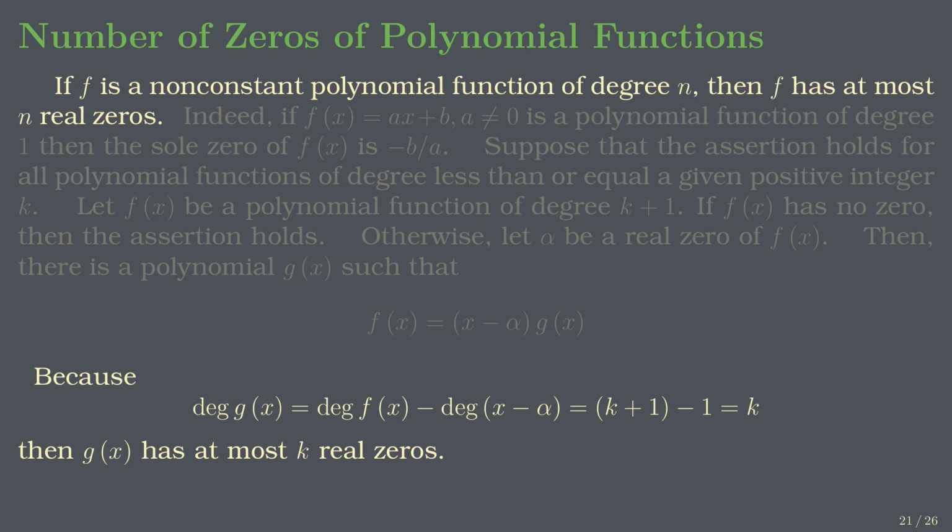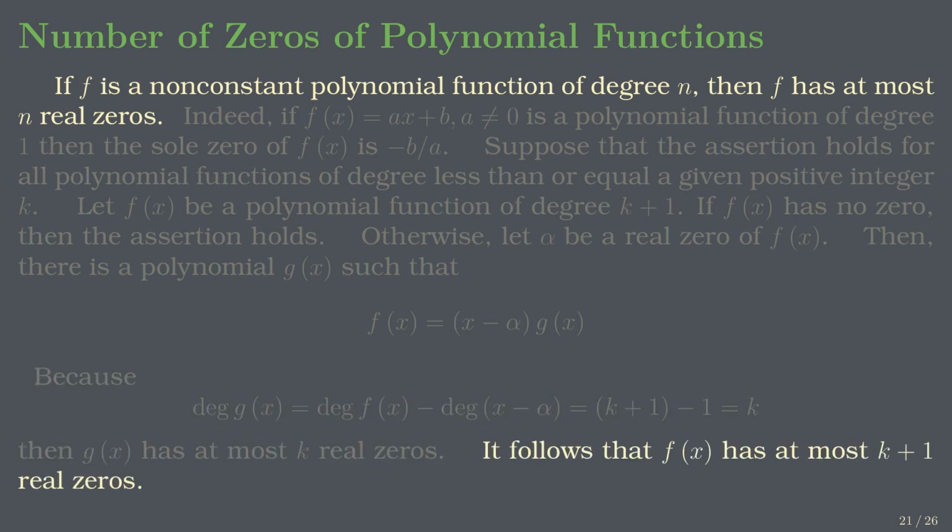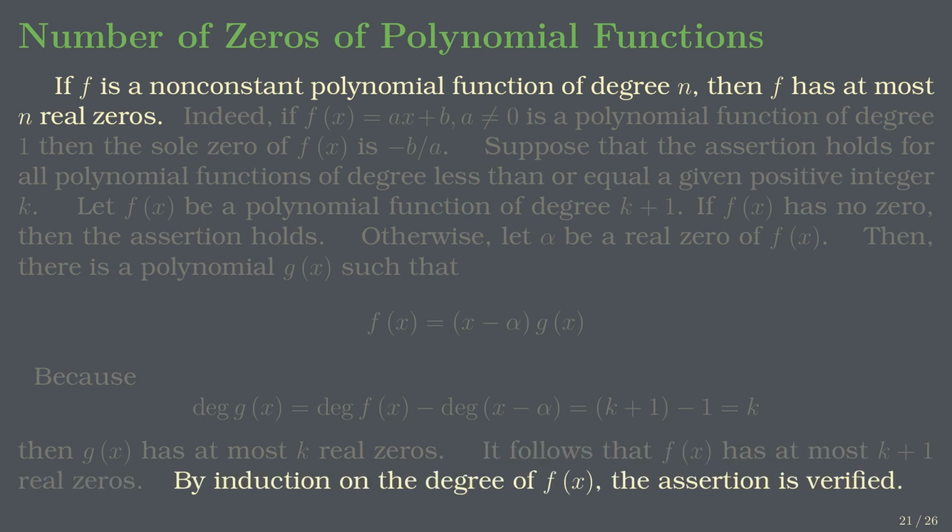Then by the induction hypothesis, we know that g(x) has at most k real zeros. And because the zeros of f(x) are alpha and all the zeros of g(x), it follows that f(x) has at most k plus 1 real zeros. So by induction, we can easily verify the statement that a non-constant polynomial function of degree n has at most n real zeros. Okay.